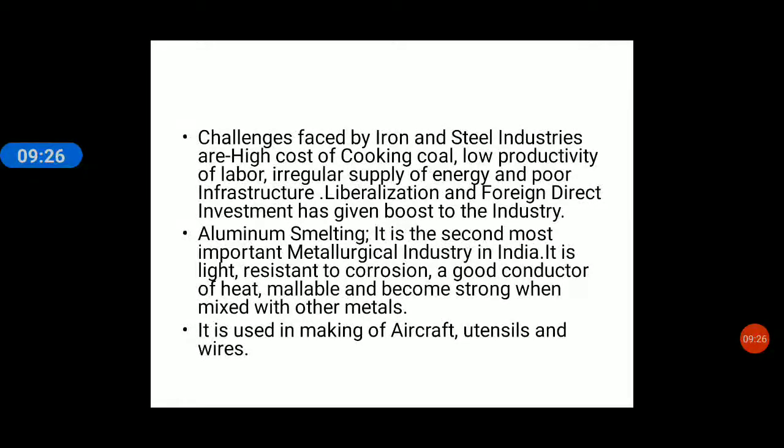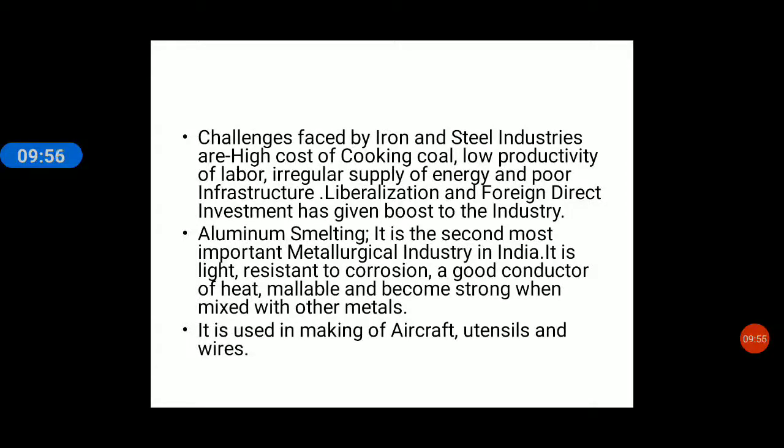According to the new economic policy, we are now part of globalization, and because that lesson will come later, I will explain you, right? So because of that, the MNCs are now coming to India, investing money, investing technologies, and they are helping out in encouragement of production of iron and steel.